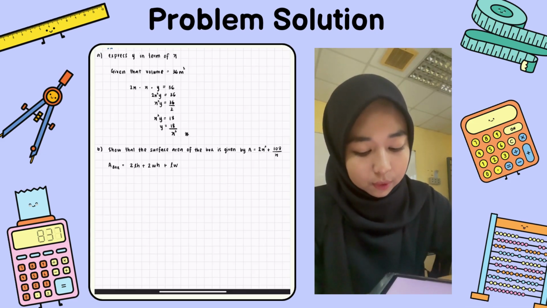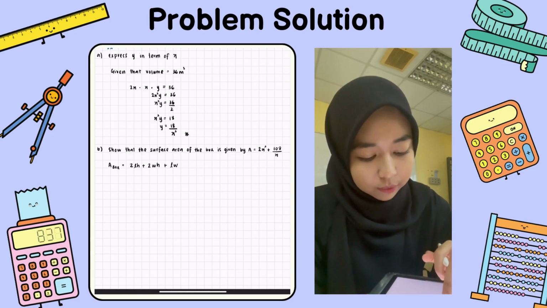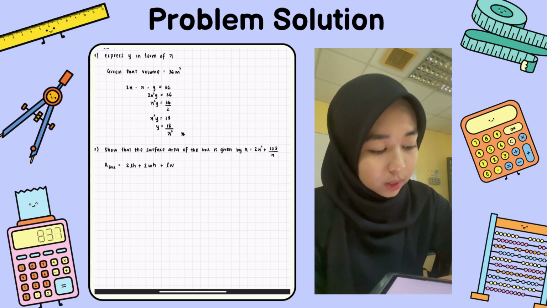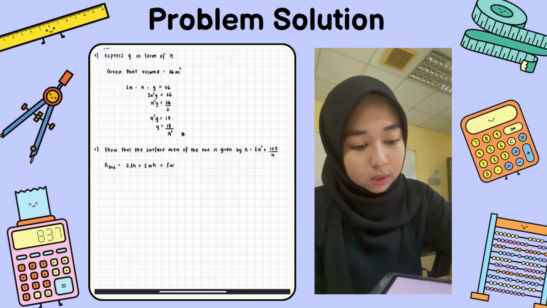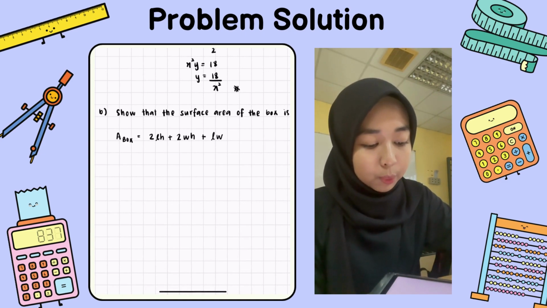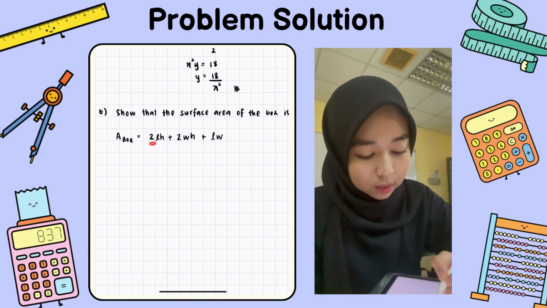So next, for question B, show that the surface area of the box is given by A equals 2x squared plus 108 over x. First, we need to know the formula of surface area for an open top box, which is 2 length height plus 2 width height plus length width.